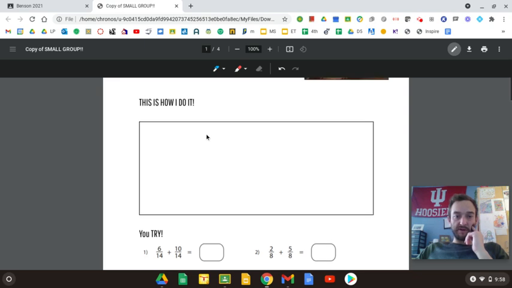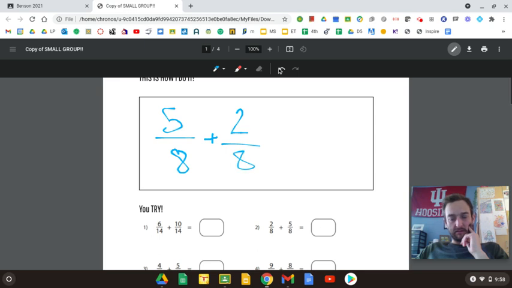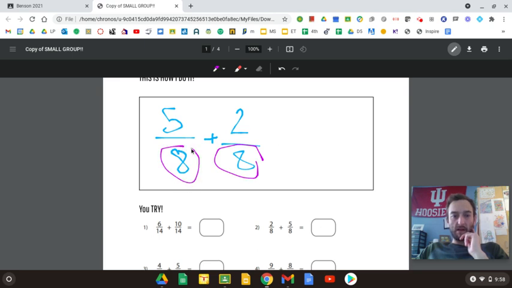So what I'm going to do is, let's say I have 5 over 8 plus 2 over 8. I automatically know that since these denominators are the same, my answer will have that same denominator.